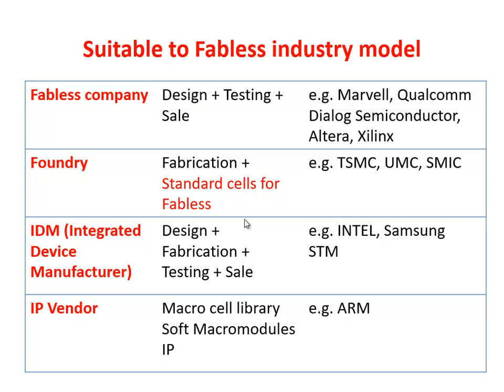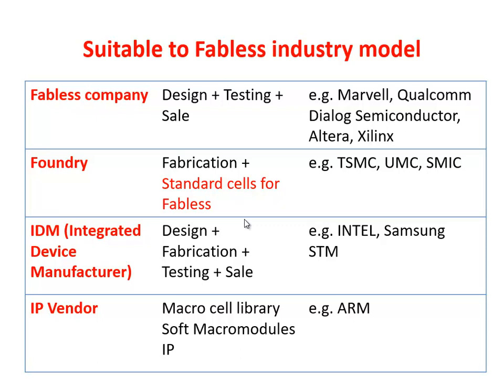And this is what they offer: ready-made standard cells and the fabrication services. And as I already mentioned, these foundries are mainly in the Far East, Taiwan and South Korea. There are some foundries also in Europe and in the US, but most of the business is in the Far East.